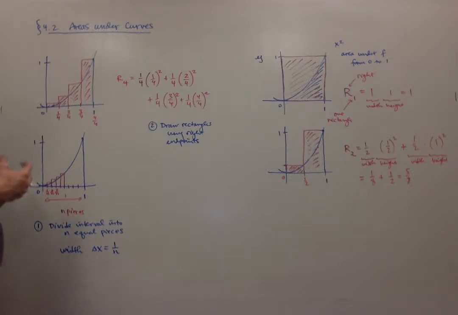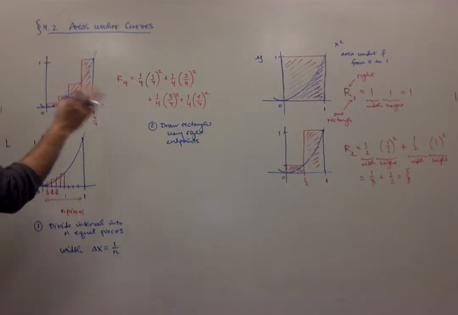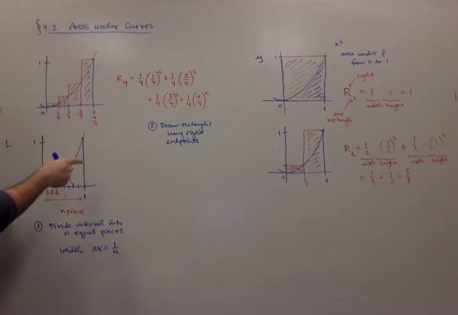You can also use the left endpoint. If you use the left endpoint, then we call that L sub 1 or L sub 2 or L sub 4 if you use the left side. If you use the right side, we use the term R. Okay? Usually I use right endpoints. And you can just draw in a few rectangles. You don't have to draw in them all.